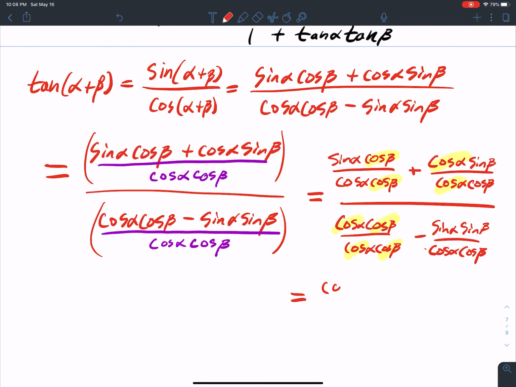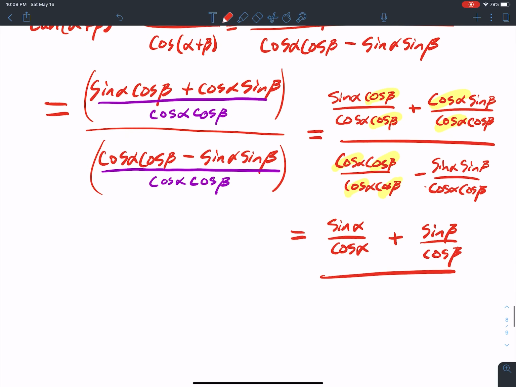It becomes sine alpha over cosine alpha plus sine beta over cosine beta, divided by 1 minus sine alpha over cosine alpha times sine beta over cosine beta.